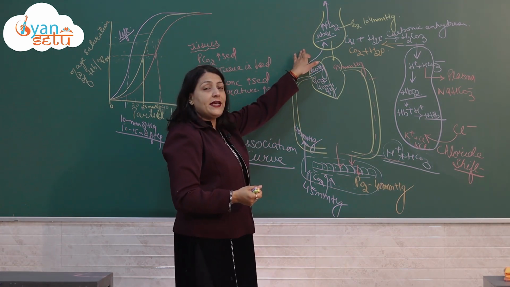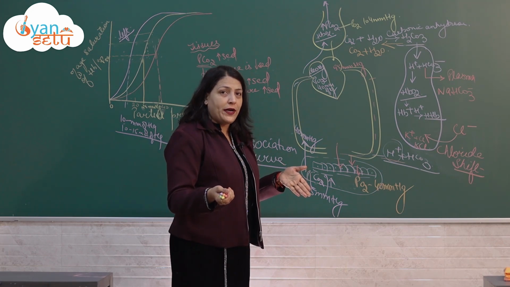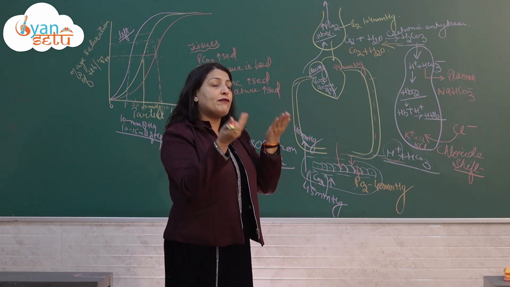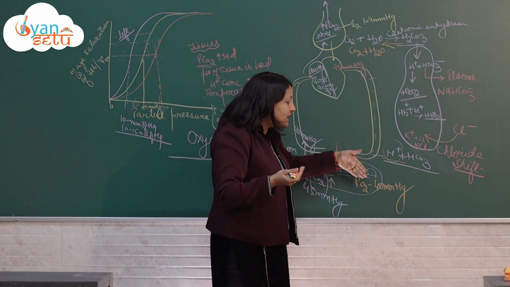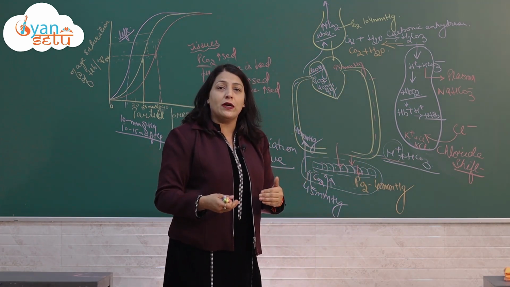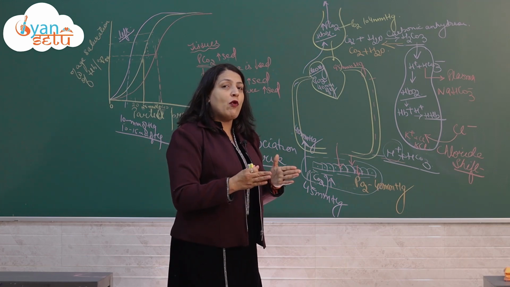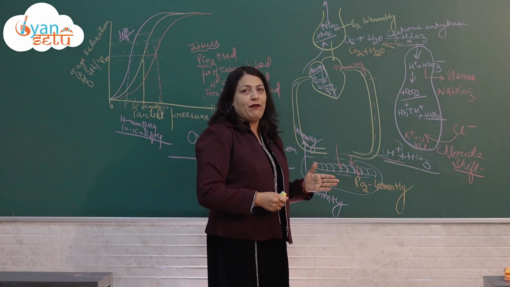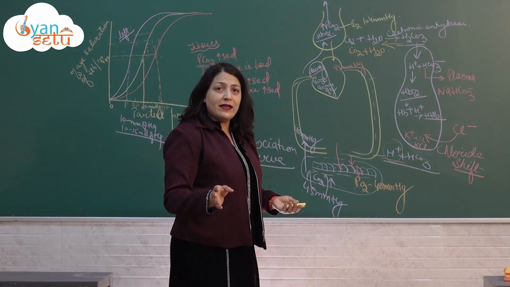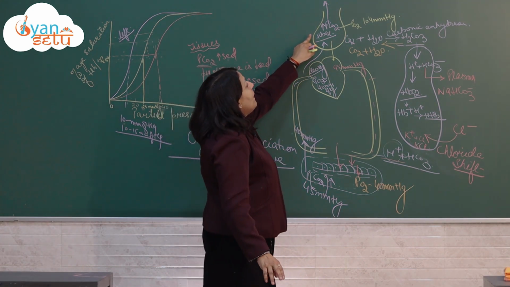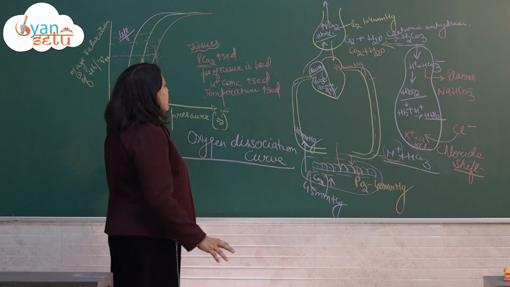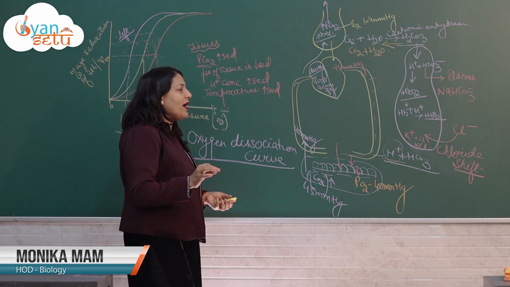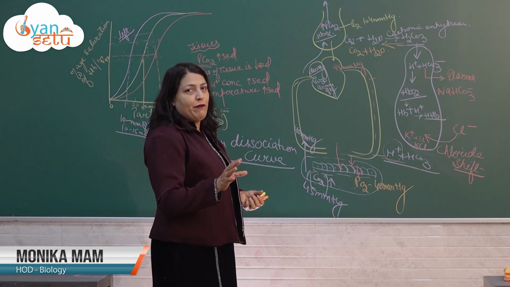So Haldane says my effect is more important. If you will not be transporting carbon dioxide out of the blood, how the oxygen will be able to pass into the tissues? So that was the fight between the Bohr's effect and the Haldane effect. Do you understand this? So this is the total oxygen dissociation curve related to the Bohr's effect and the Haldane effect.